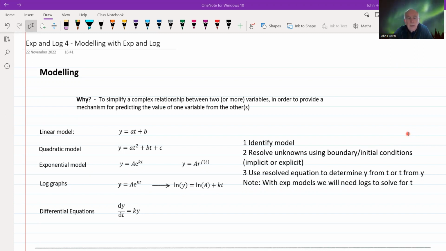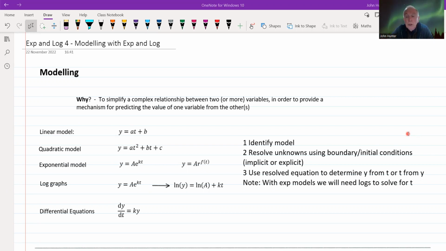If we've got a relationship between two variables that we're interested in, then the model is a simplified form of that relationship. There may be all sorts of parameters involved. What we're trying to do is simplify it right down to give us an equation, a relationship that we can use for predictive purposes.